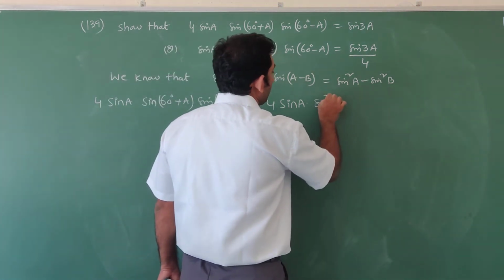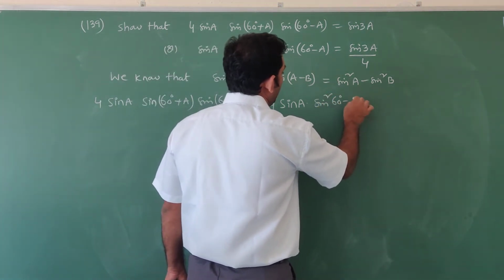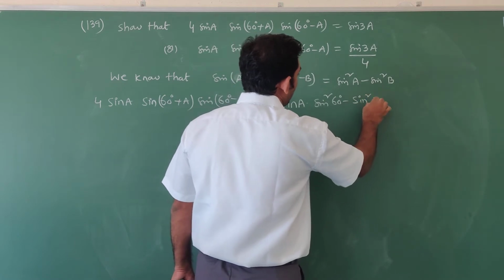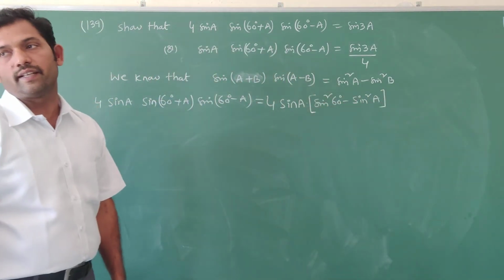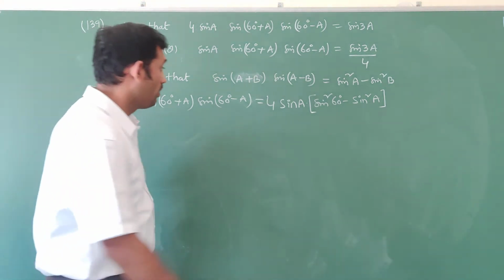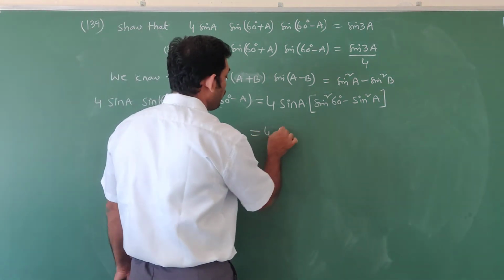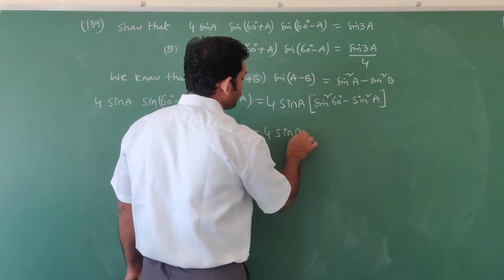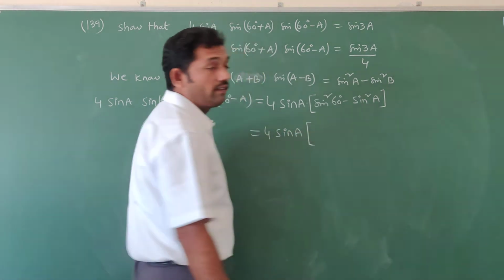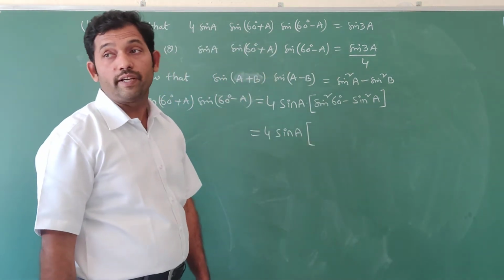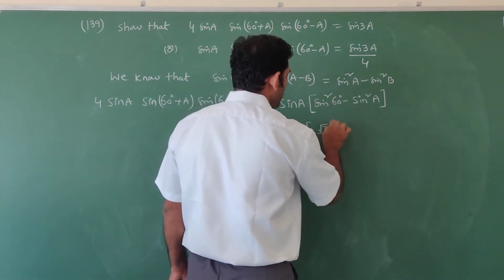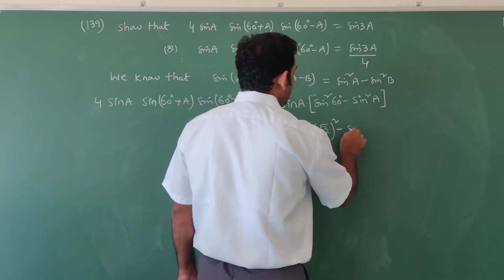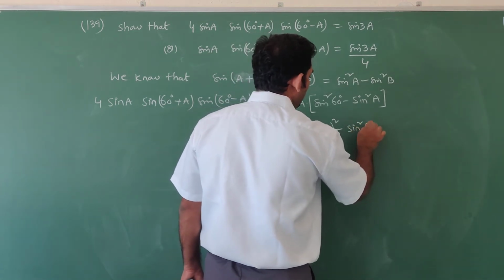That is sin square 60 degrees minus sin square A. Now 4 sin A, sin 60 degrees is root 3 by 2, whole square, minus sin square A.